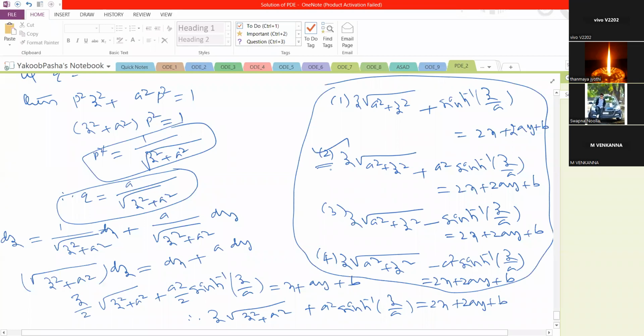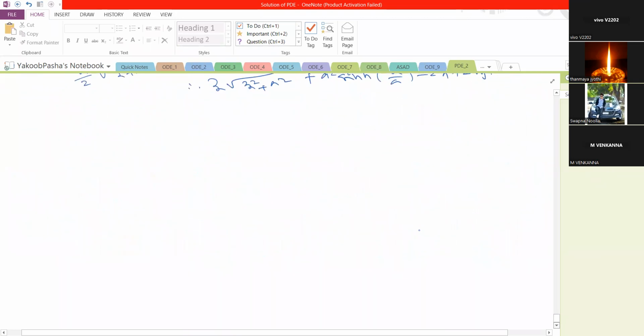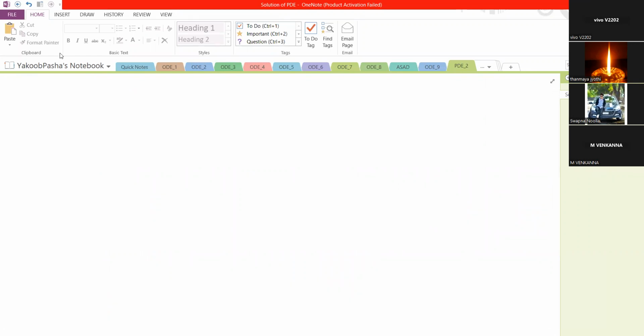Now these are the problems related to equations in which independent variables are missing, that means equations which have p, q, and z only. Okay, next case, separable equations.